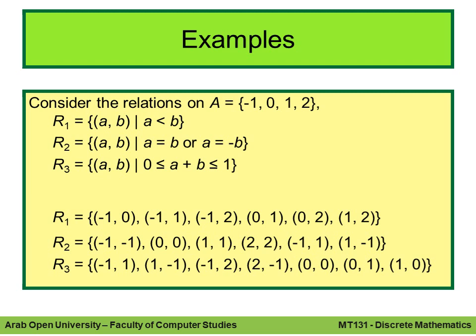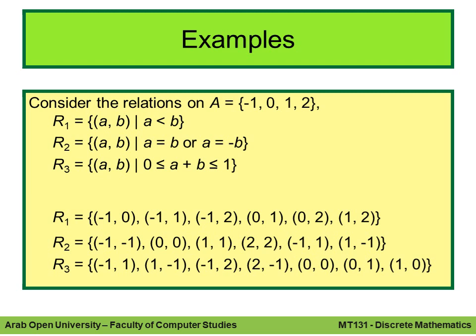For example, R1 consists of all the pairs where A is less than B. These are the ordered pairs in R1: (-1, 0), (-1, 1), (-1, 2), (0, 1), (0, 2), (1, 2). These are all the ordered pairs where the first element is less than the second element.